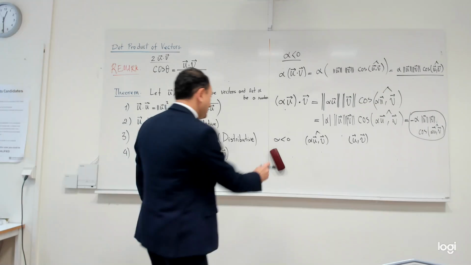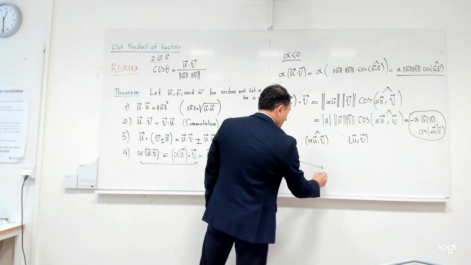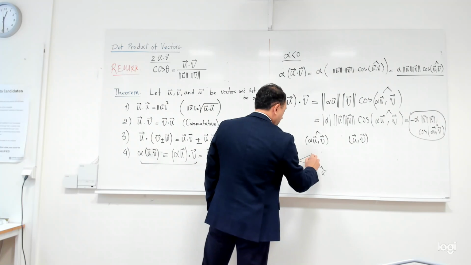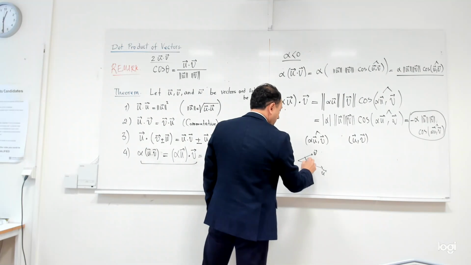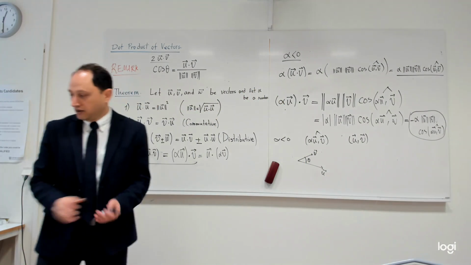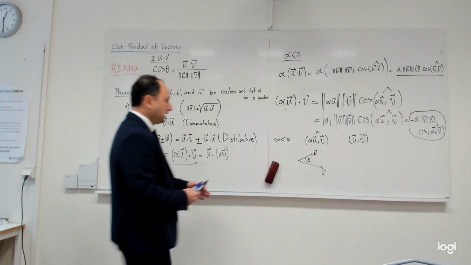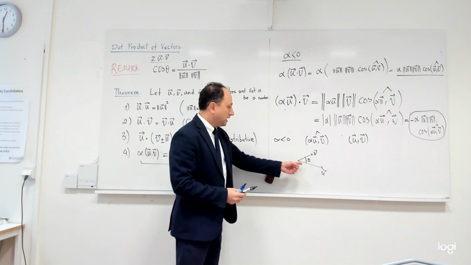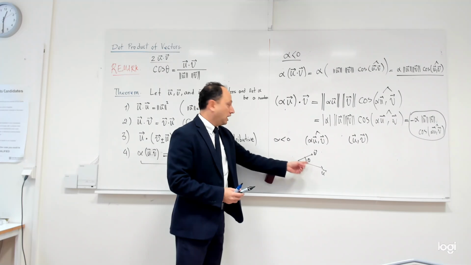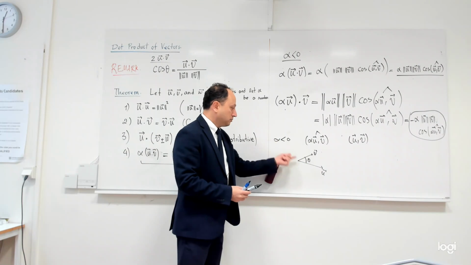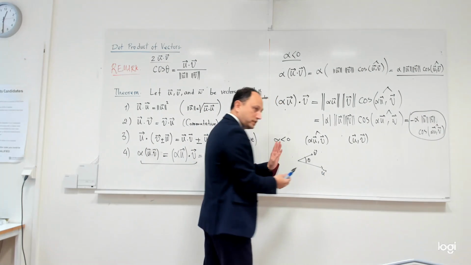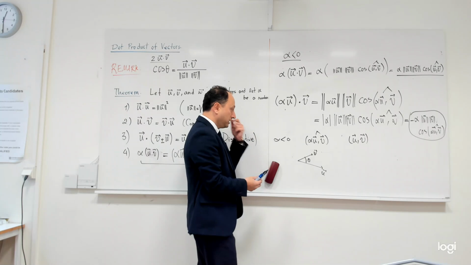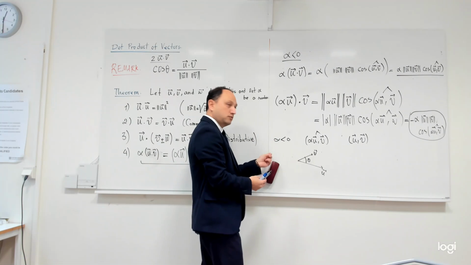So for example, if you have two vectors, u and v, for example, if this angle is theta, all of you were correct actually, but you need to find the correct word. If I multiply alpha by this vector, I don't know the value for alpha. It might be longer than this one or shorter, but one thing is sure, we are sure about it. The direction would be the opposite side.